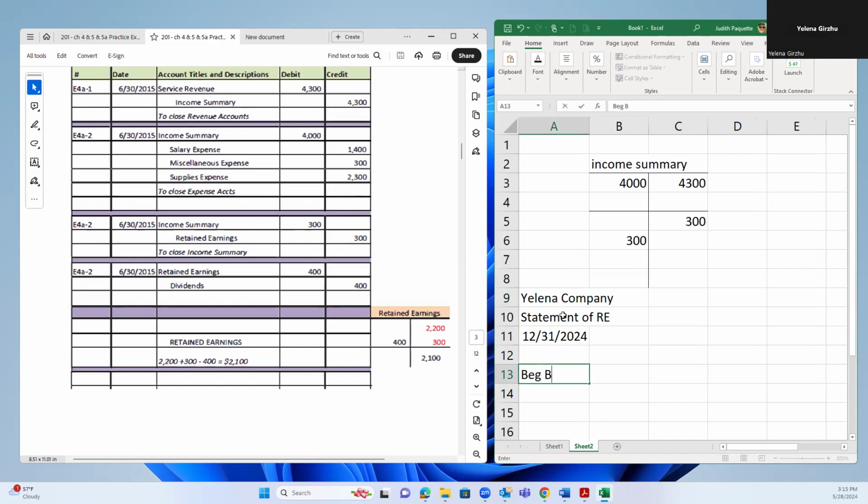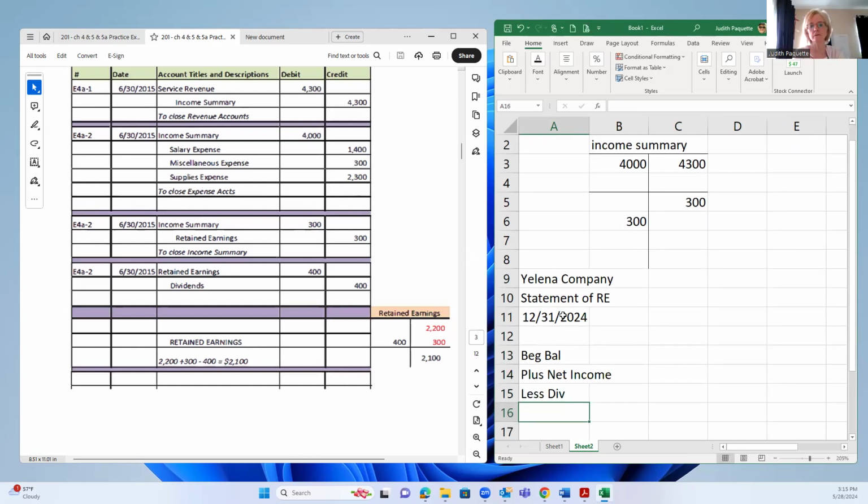Beginning balance, plus net income, or minus net loss, less dividends, and then calculate the ending balance of retained earnings.